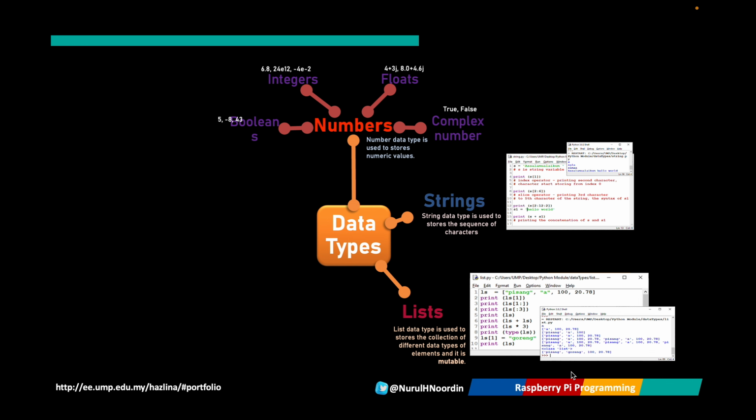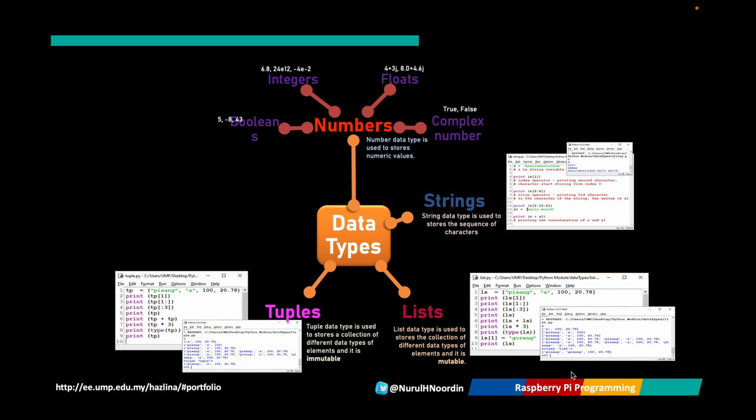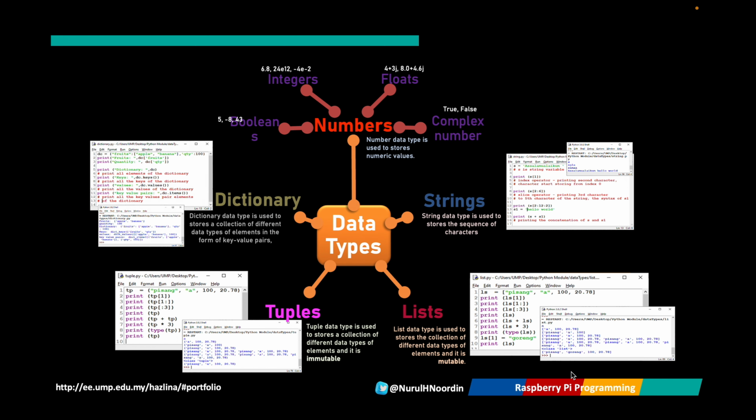They are mutable, meaning we can modify them. Next is tuples. Similar to lists but cannot be modified after creation. It's useful for fixed sets of values, for example, screen width and height. And finally, the dictionary. It is used to store key-value pairs. For example, player stats: name Ali, score 50, life 3. Throughout this course, we will use these data types to store and manipulate game elements, such as the player's attributes, enemy positions, and game scores.